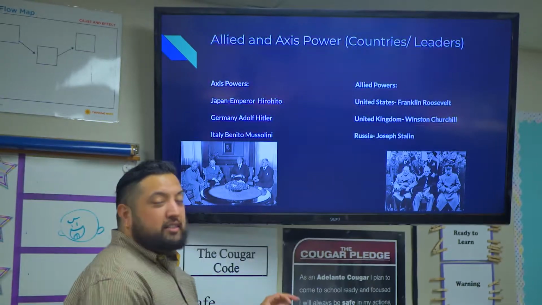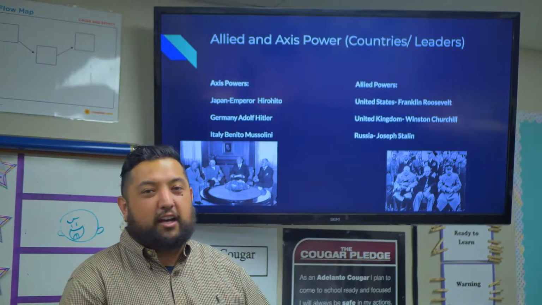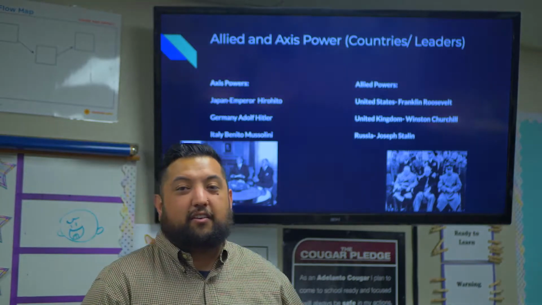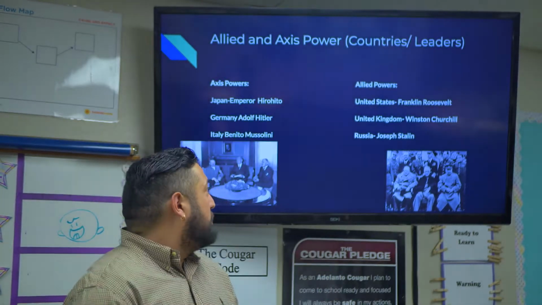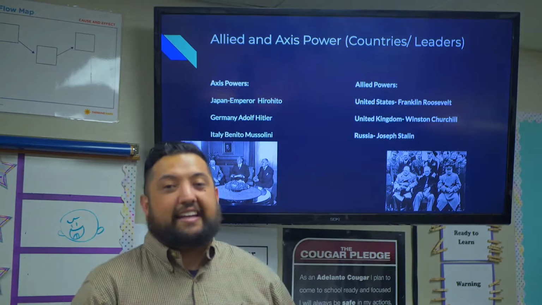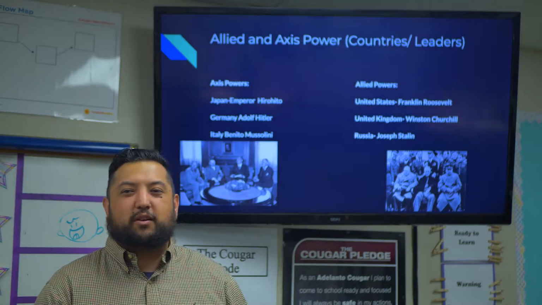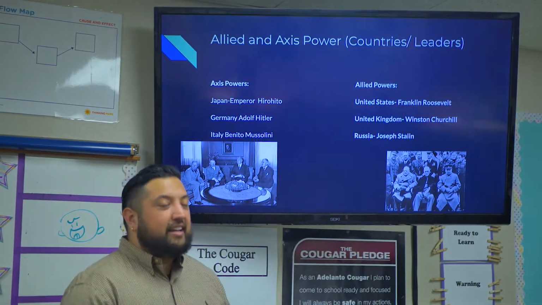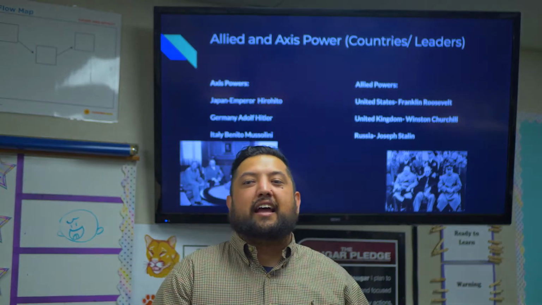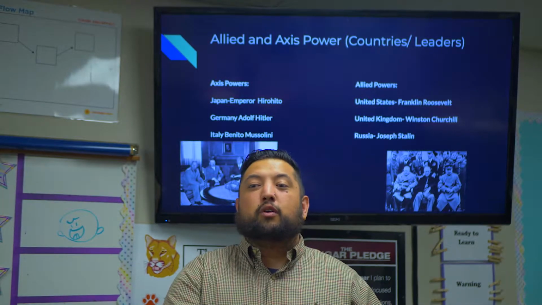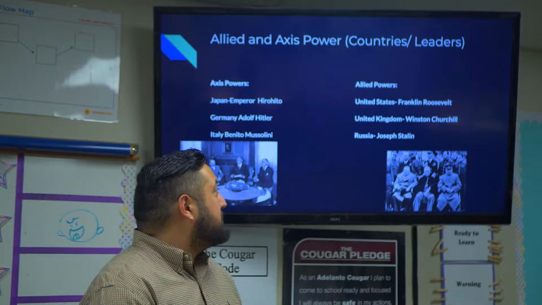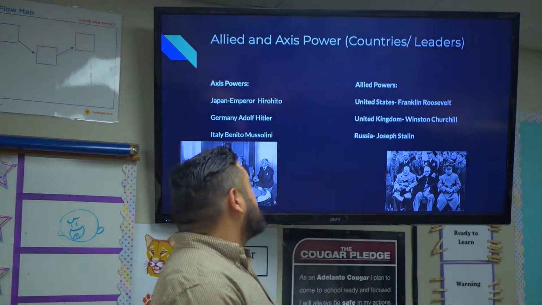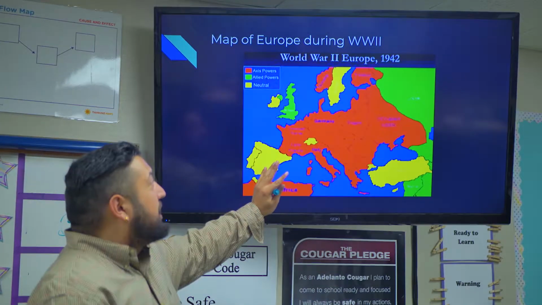For the Axis powers, in Japan we have Emperor Hirohito. In Germany we have Adolf Hitler, and in Italy we have Benito Mussolini. For the Allied powers, in the US we have Franklin Roosevelt. In the United Kingdom, we have Winston Churchill. And for the USSR, which is now Russia, we have Mr. Joseph Stalin.